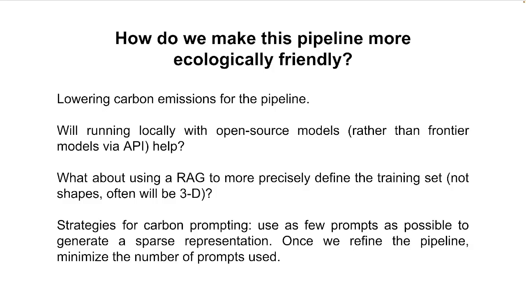And then finally, we have these strategies for carbon prompting. So there's this term in the literature called carbon prompting, which is where you try to prompt your model in a way that's mindful of carbon emissions. And so this is where the strategy is to use as few prompts as possible to generate a sparse representation. Once you refine the pipeline, then you minimize the number of prompts used. So you start off by figuring out what your prompt should be.